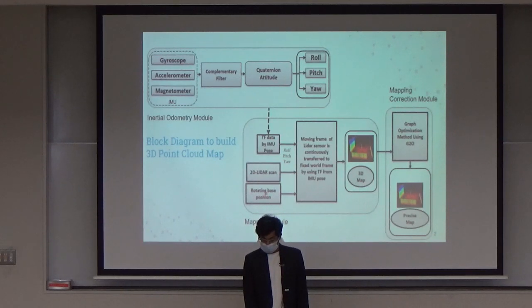In the mapping module, the LiDAR is present, and the rotation information from the IMU is used to build a 3D map. In this module, the rotation information is used to transfer the LiDAR information from the moving LiDAR frame to a fixed world frame. After that, we use a mapping correction module with the help of graph optimization using G2O to get a very precise map.